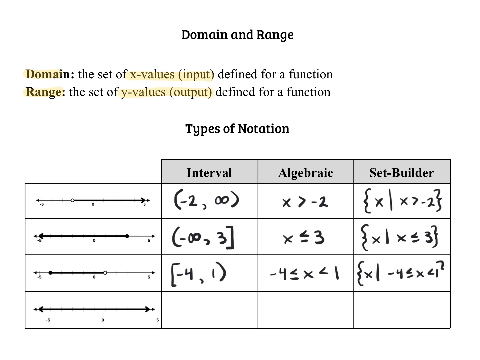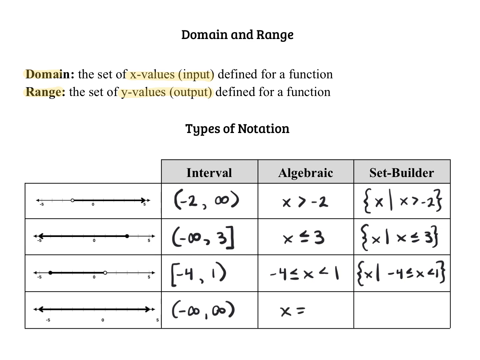And then for this last one, you can see that it's just continuing infinitely to the right and left, which means it is all real numbers. So with interval notation, we'll just always say that's negative infinity to positive infinity when it is all real numbers. With algebraic notation, we're actually going to use the all real numbers symbol.